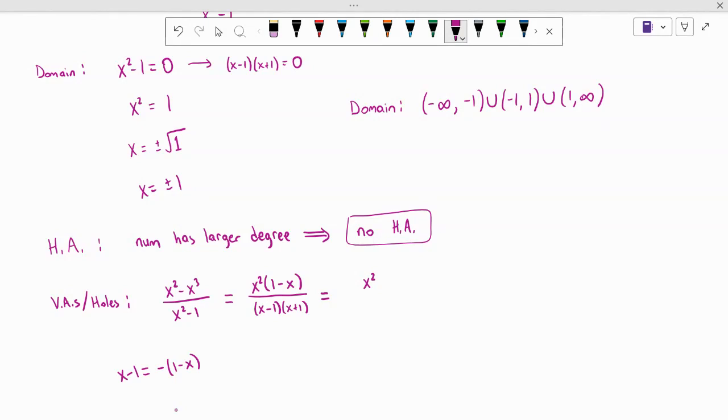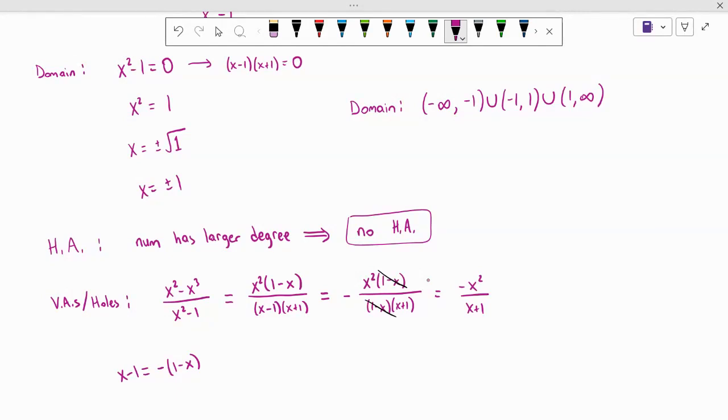So again, these are just negatives of each other. So in the denominator, you can take that x minus 1 and replace it with a minus 1 minus x, and then from there, make your cancellation.